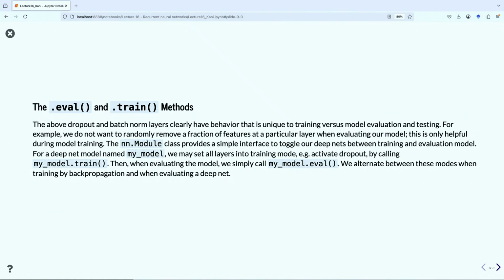So this is why PyTorch gives us a training mode and an evaluation mode. If we do model.train, this turns on training mode. This means that when you go to train the model, dropout is activated, batch normalization is activated, et cetera.